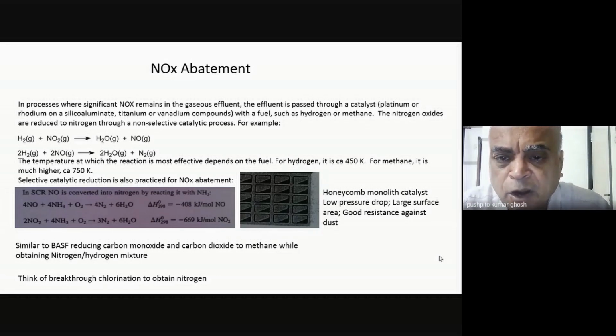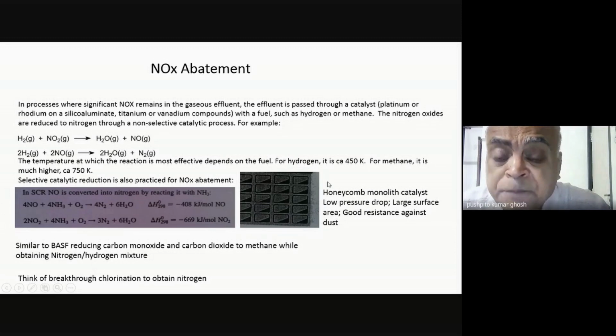We are not talking about 10% of NO in that tail gas. We are talking about very small concentrations, and because there will be a large amount of nitrogen in that gas, and oxygen would be depleted, I may not want to recycle that because I need more oxygen. So I'd much rather vent it out. What's the point in compressing nitrogen gas unnecessarily? So that's why recycle is not the wise thing to do, but getting rid of it is the best option. So there are two ways this has been practiced.